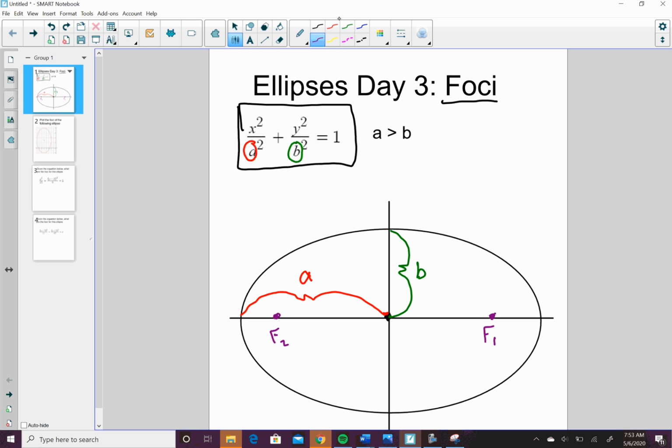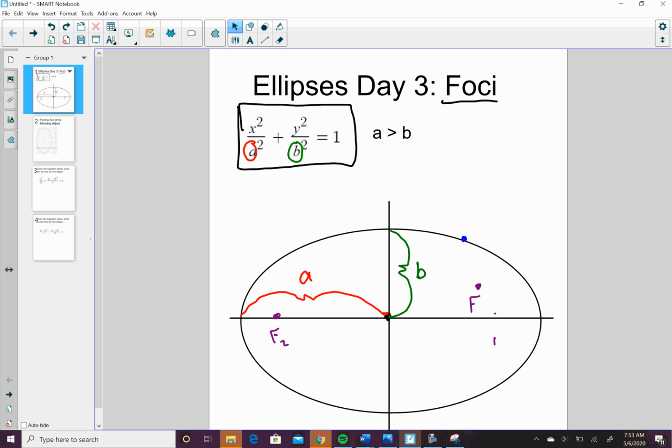And really the definition of an ellipse is about the distance between each of these points, which we call focuses or foci.